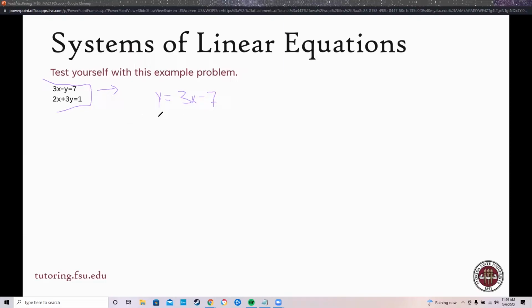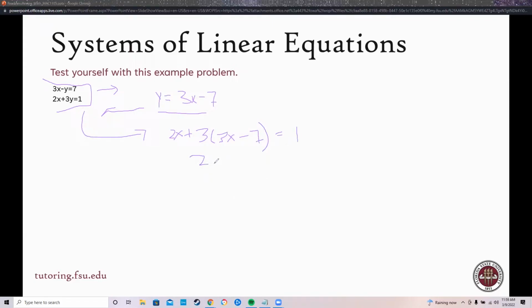Now I can take my expression of y and plug it back into this second equation to get an expression for x. So now looking at the second equation, I have 2x plus 3 times y, but since I know y to be this thing up here, I say 3 times (3x minus 7) is equal to 1.